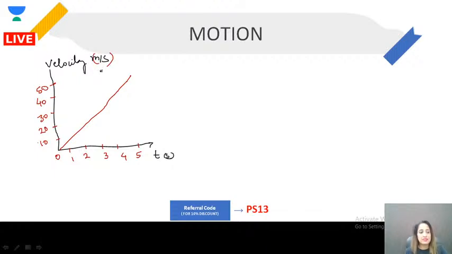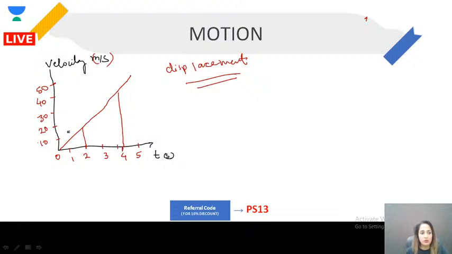So now from this graph we want to calculate what is the displacement, right? If that is the question, how do we calculate it? Okay, so let's say we want to calculate the displacement from here to this point 4. Okay, let's say this is point 4.